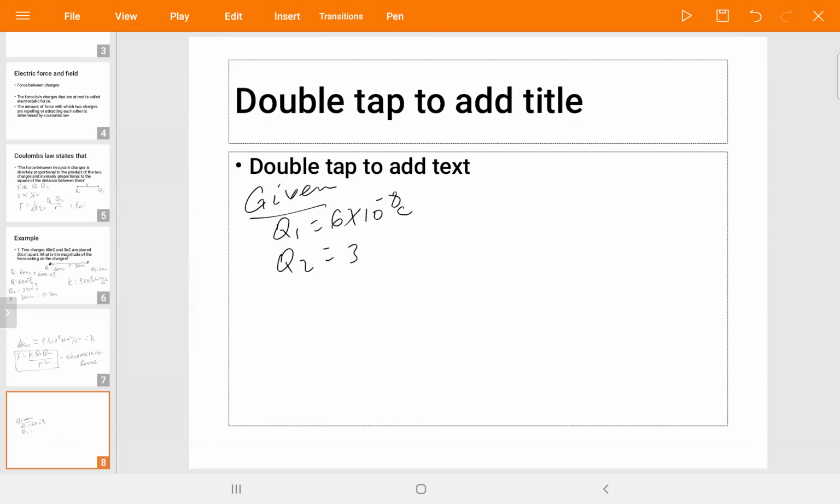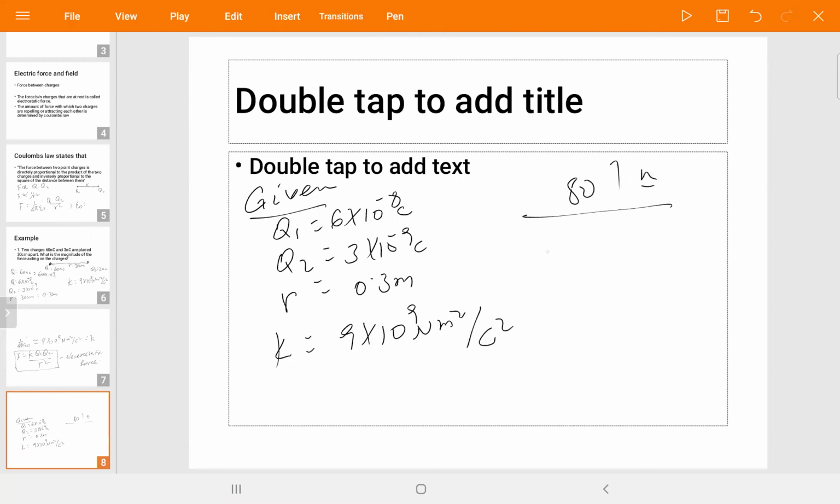Q2 is 3 times 10 raised to minus 9 coulomb. R equals 0.3 meter. And K equals 9 times 10 raised to 9 Newton meter square over Coulomb square. The solution for this problem is: electrostatic force equals K times Q1 Q2 over R square.